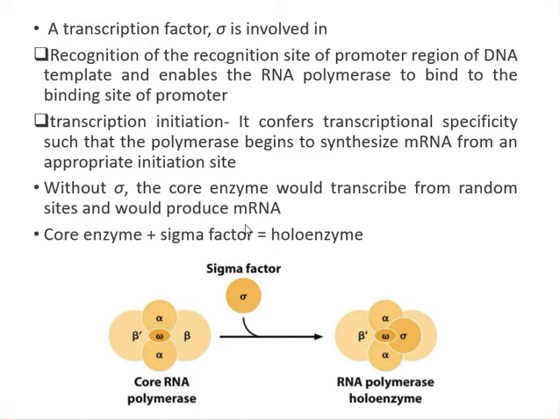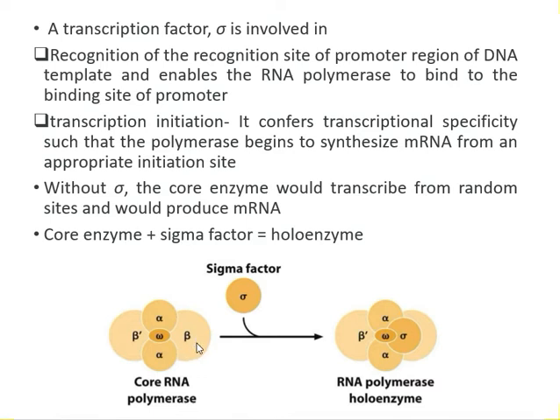Here you can see two large subunits. They are the beta and the beta dash subunits. Then you have two identical subunits. They are smaller than the beta subunits. They are called alpha, and there is a yet smaller omega subunit. So, all these 5 subunits together constitute the core RNA polymerase.